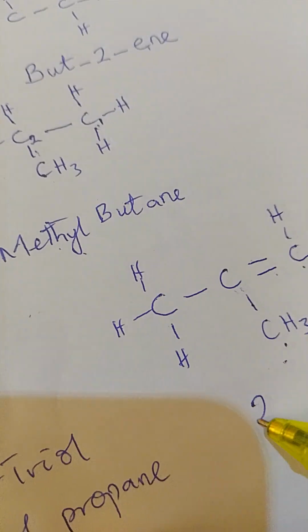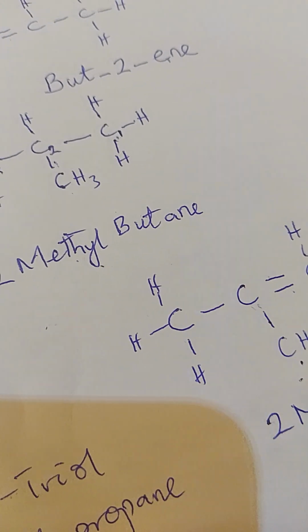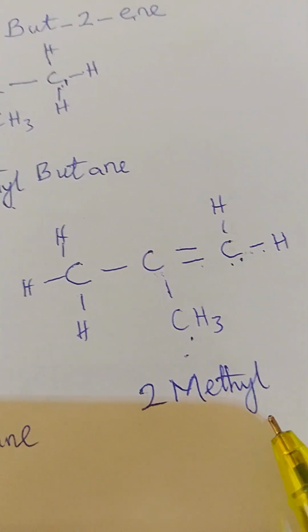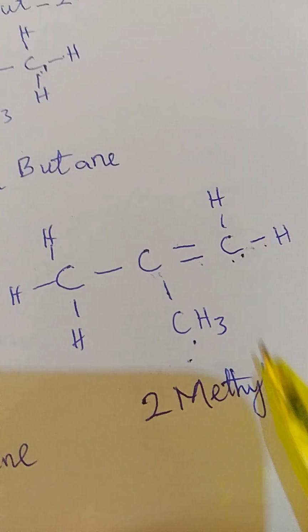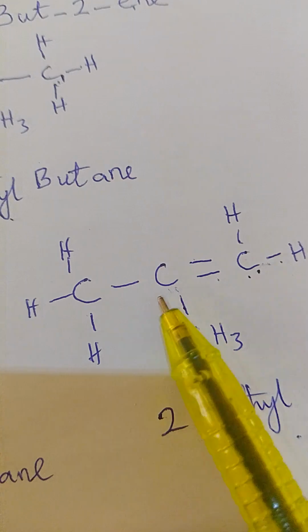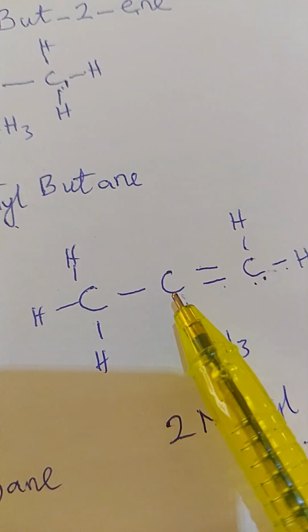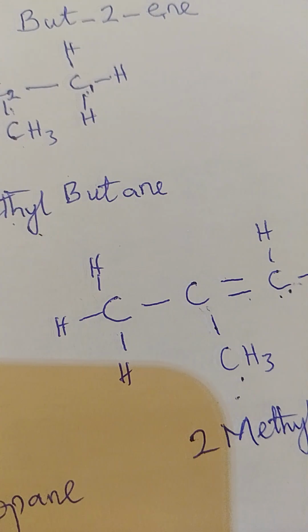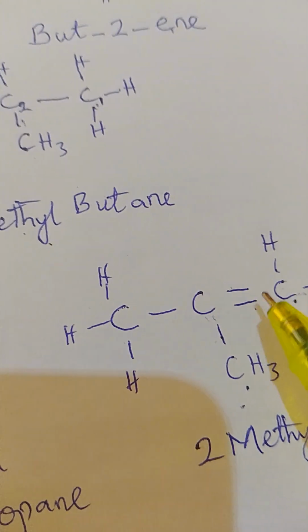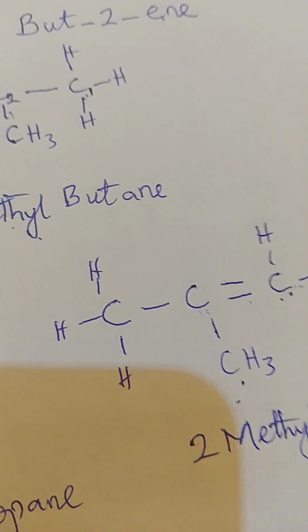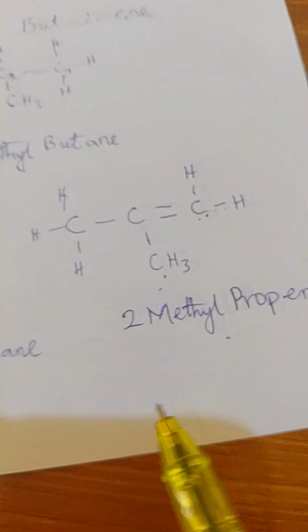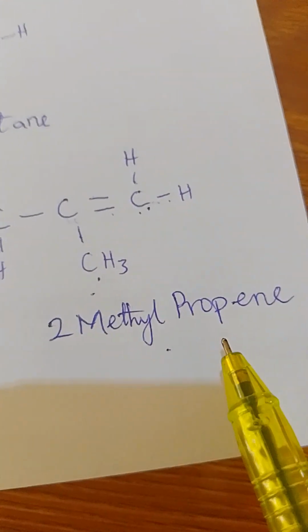So because it's on carbon 2, my prefix will be 2-methyl. And my continuous chain carbon atom is prop. That is prop, and the double bond is on carbon 1, so it is propene. So I can say the name of this compound is 2-methylpropene.